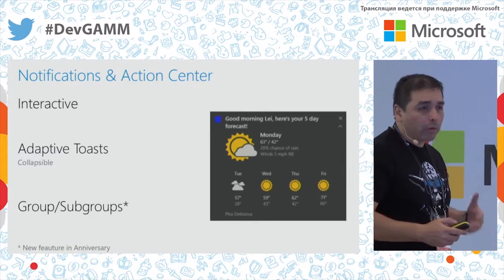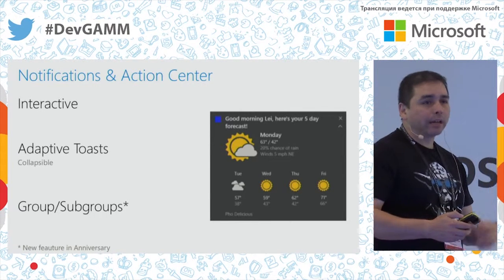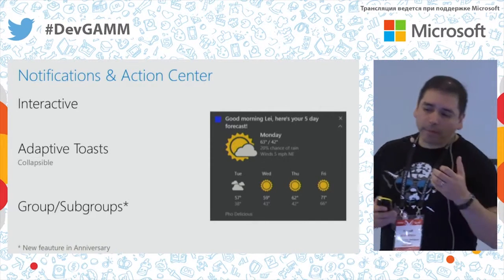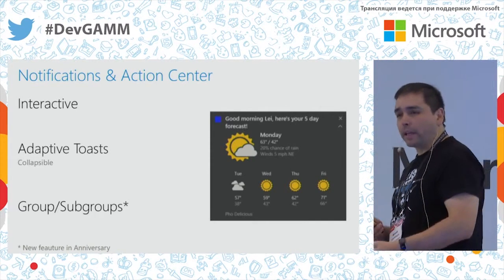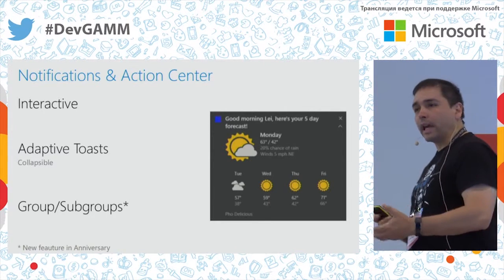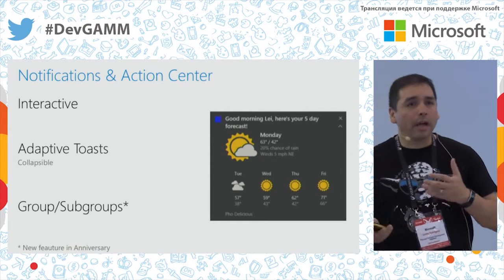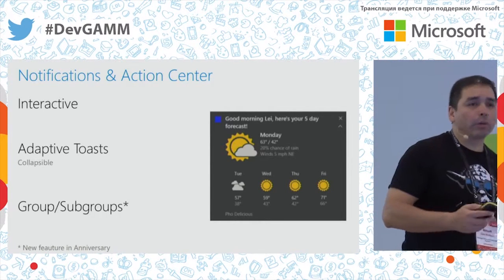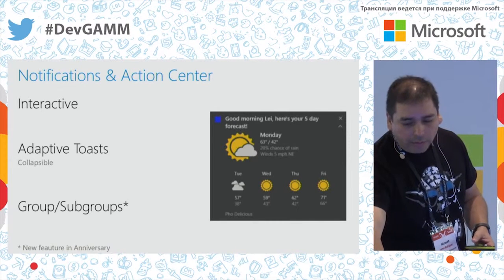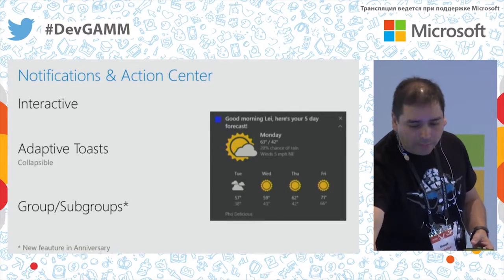And one of the things we're doing is bringing all of the flexibility that we added to live tiles onto the Windows platform this summer. Interactive notifications have been there since last year, but we're adding adaptive toasts and notifications, and we're also adding groups and subgroups. For example, here I have a group, and if the user collapsed this, they would see just maybe half of this forecast.